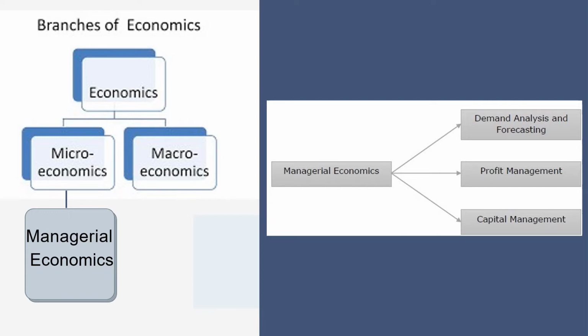Now, under microeconomics, there are several sub-branches. And one of those sub-branches is managerial economics. In managerial economics, we focus on demand analysis and forecasting, profit management, and capital management. So basically, the things that we are concerned with here in managerial economics are the things that are relevant and important for businesses.